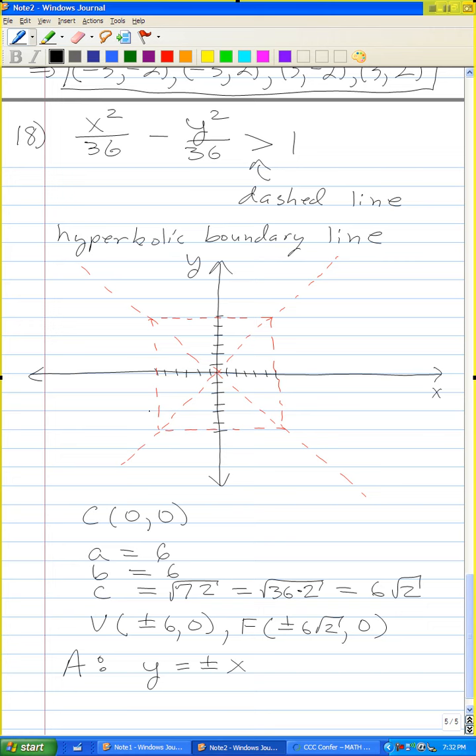We will approach the asymptote, and it will not be included. So it's a dashed line. Approach another dashed line.